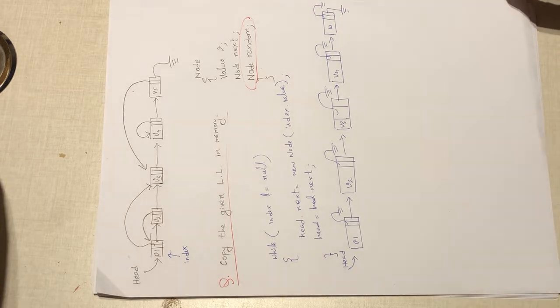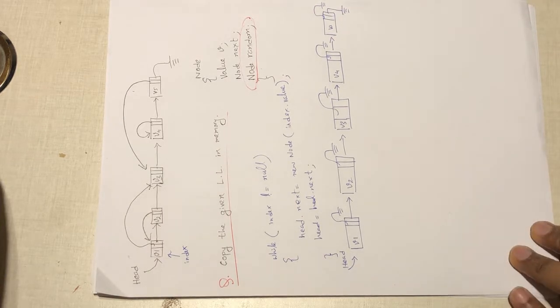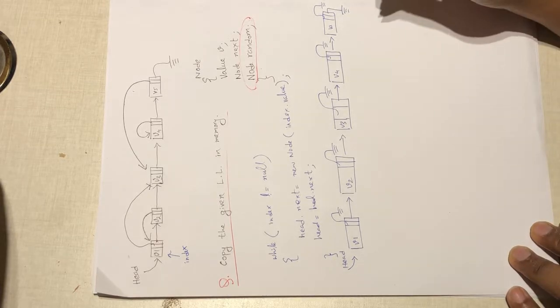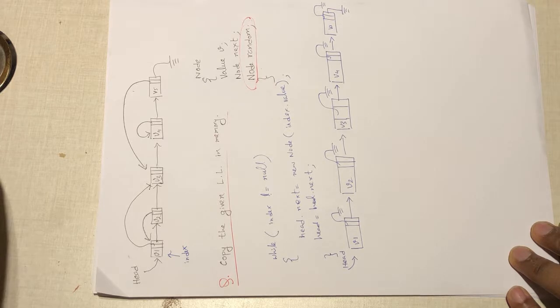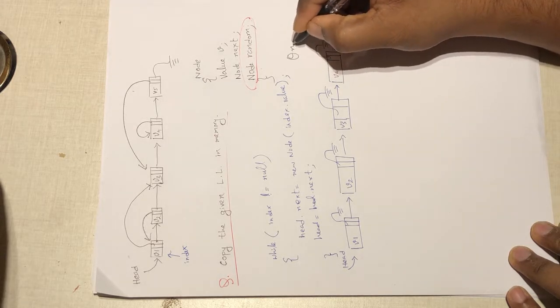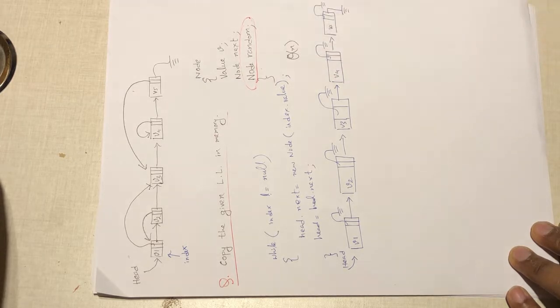How do you fix this? Now if you look at this current solution, as of now it is order of n, because we definitely need to iterate once from left to right.